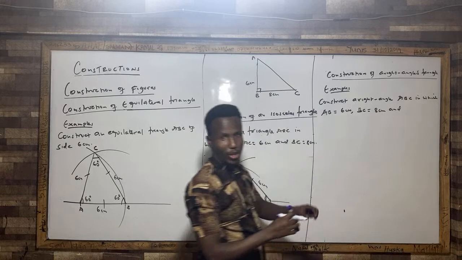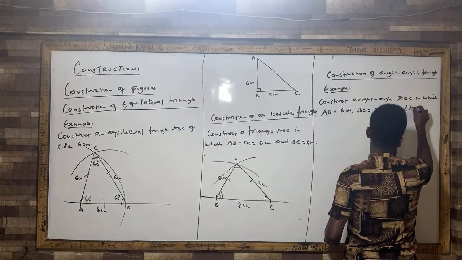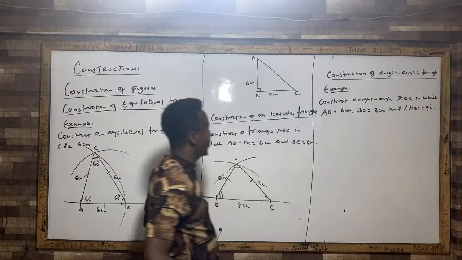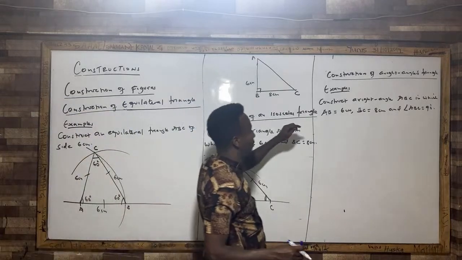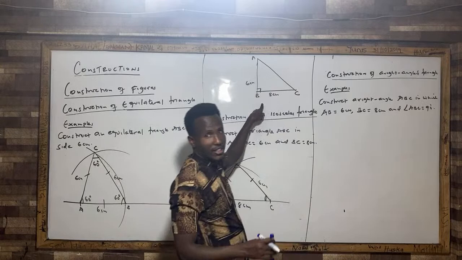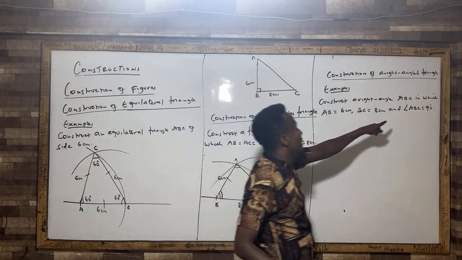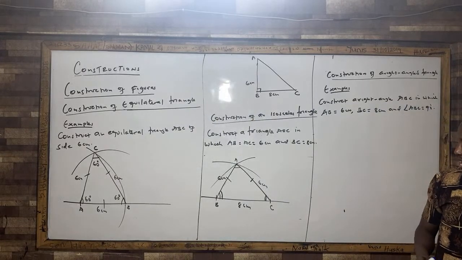And angle ABC is equal to 90 degrees, full stop. Because the angle interested here is angle B, don't forget. You're told angle ABC means the angle which is 90 degrees at the point of B.